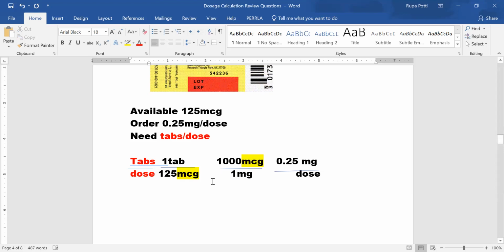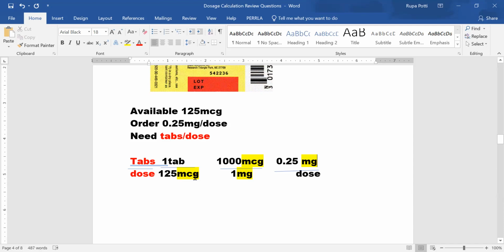And then towards the end, I'll be able to cancel it out. So I'm using 1000 micrograms is 1 milligram. And because I have milligrams in the denominator, I start with milligrams in my numerator. And when I look at my problem, what is connected with the milligrams? It is 0.25 milligrams. And what is it connected with? Per dose, right?